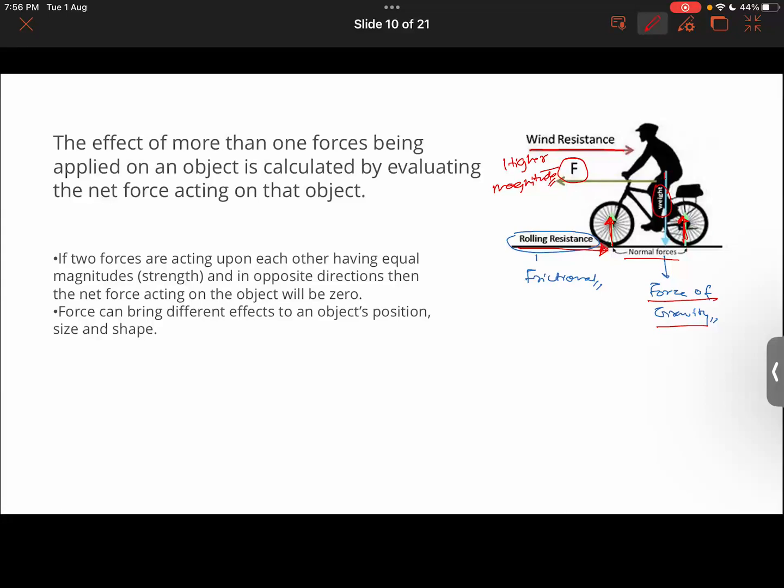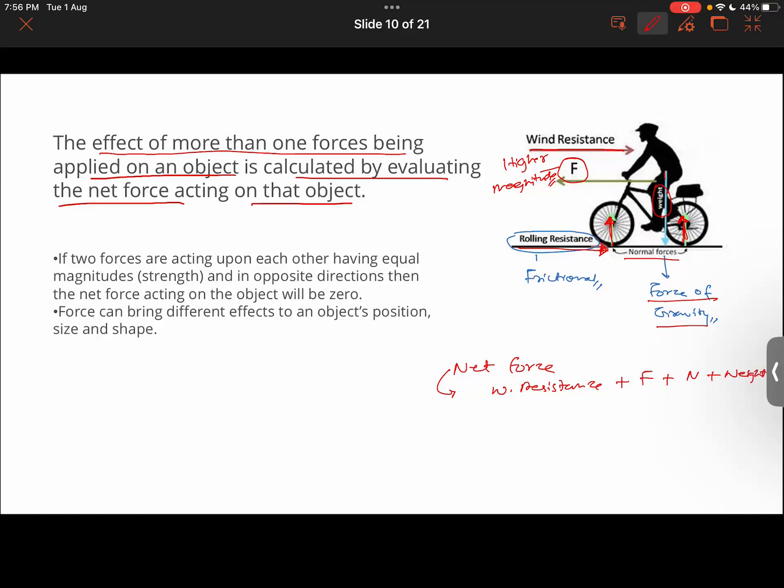Okay, guys. The effect of more than one force being applied on an object is calculated by evaluating the net force acting on that object. So you will have to calculate the net force. The net force will be calculated like this: wind resistance plus this F plus this normal force plus the weight of the person.